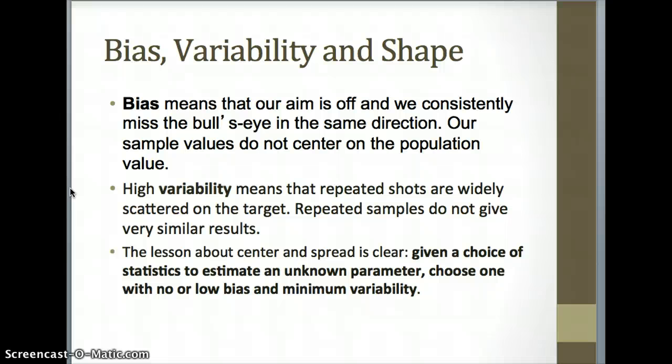The lesson about the center and spread is clear: given a choice of statistics to estimate an unknown parameter, choose one with no or low bias and minimum variability. So essentially, this sums it up. This last part right here sums up the entire video.